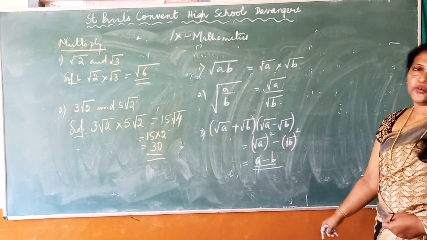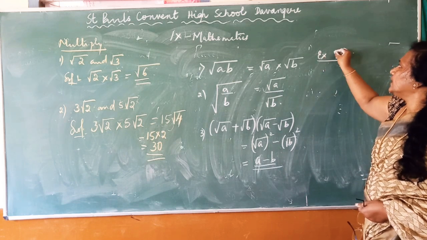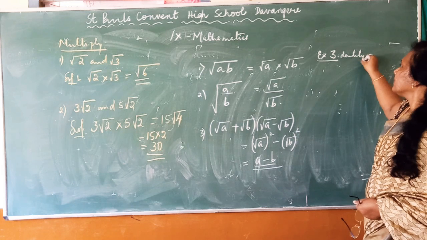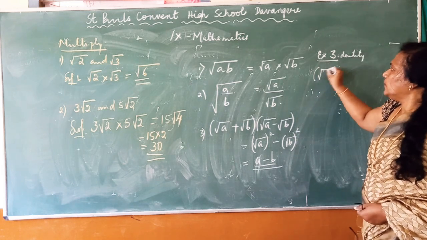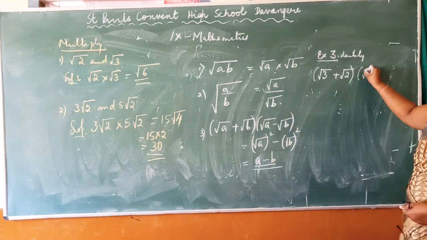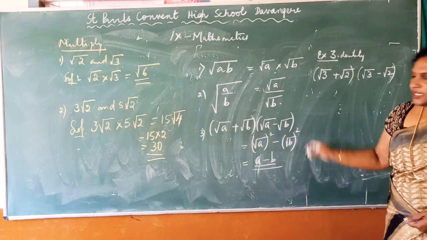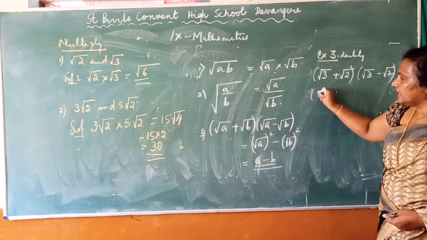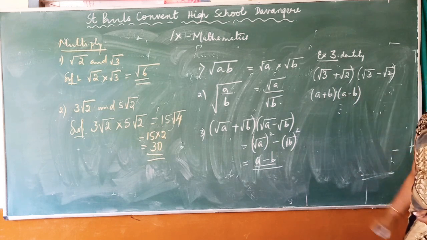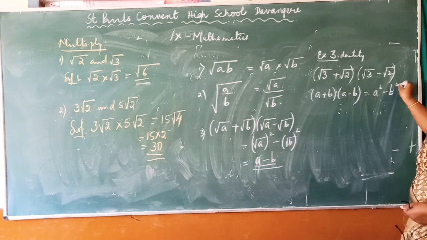One example I will show for this. Example for the third identity. Root 3 plus root 2 into root 3 minus root 2. If it is given like this, you know you have studied (A + B)(A - B) is equal to the identity what you have learned, A squared minus B squared.